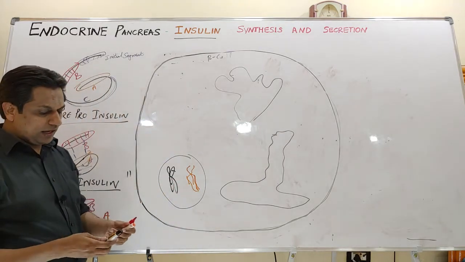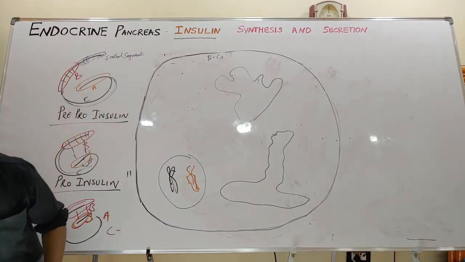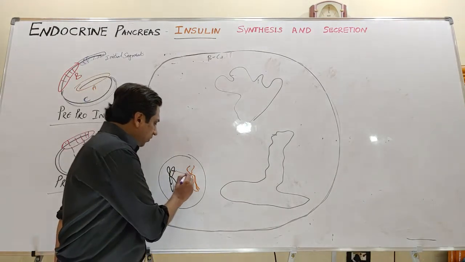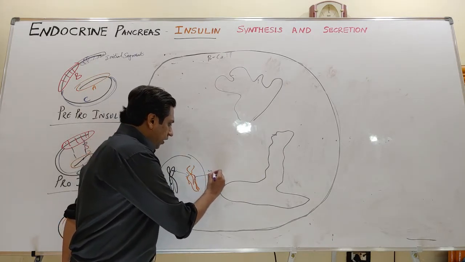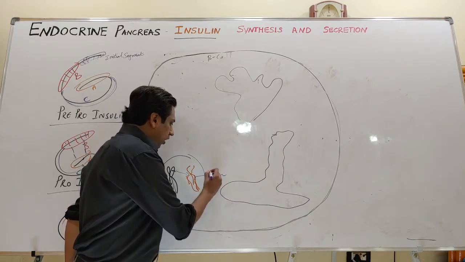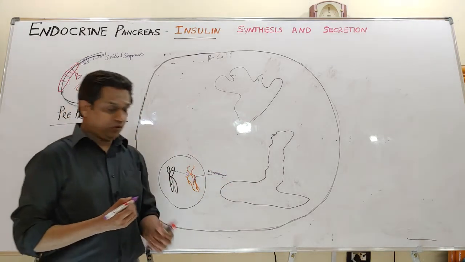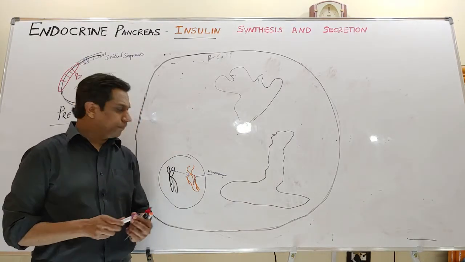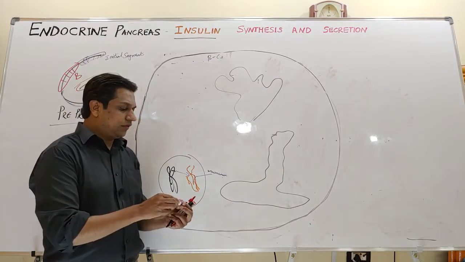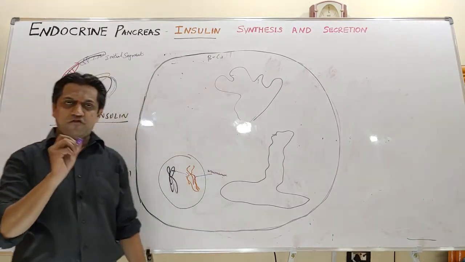The message goes, and from the DNA an mRNA is formed, which comes out of the nucleus into the cytoplasm. So the gene on chromosome number 11 codes for the synthesis of mRNA. That is the first step.